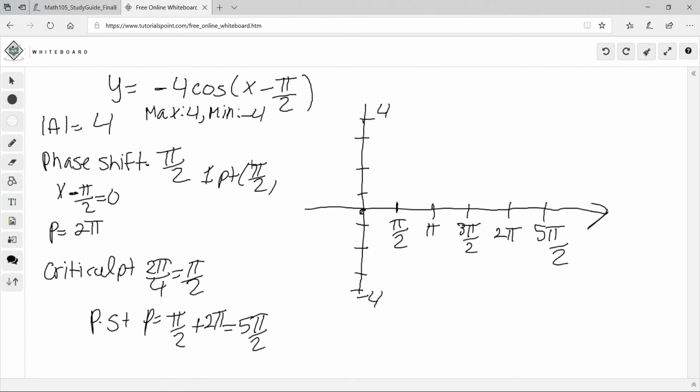When you plug in pi halves into this function, you can do the rest. You can find the y value. So that was 40.